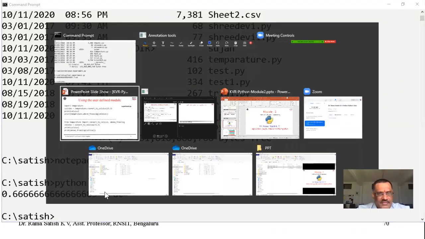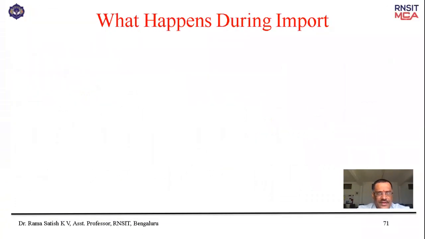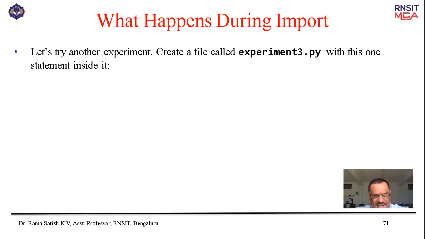Now let us move further. Okay, what happens during import? This is one very important thing that you should know: how Python exactly works on import. Right. Let us try another experiment. Experiment 3.py.